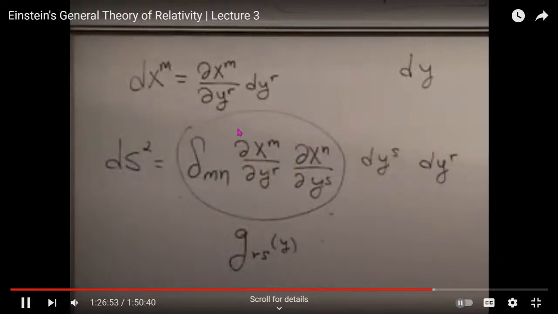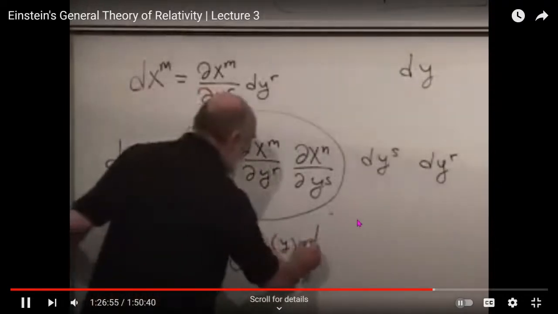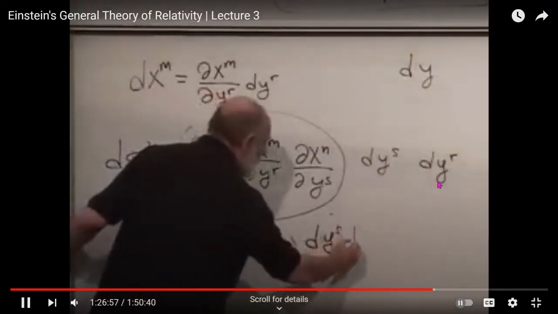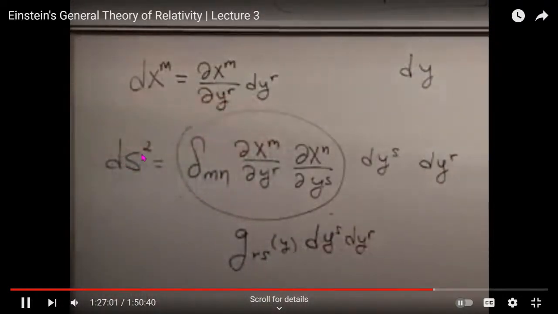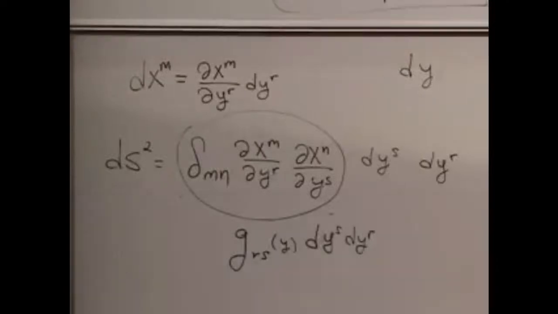GRS of y times dys dyr. That's the ds squared. Of course, this is similar to the earlier case. It also contains dx's times dx's, but it contains the Kronecker delta.